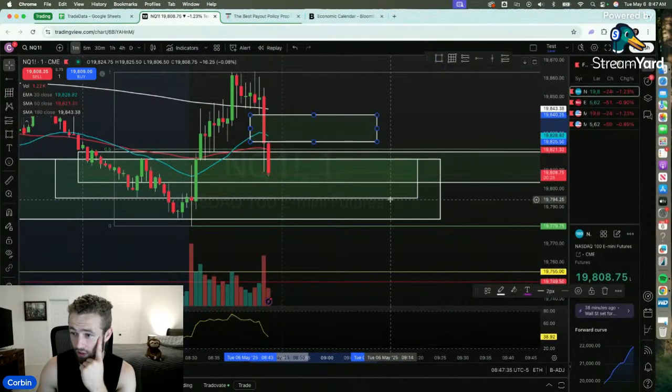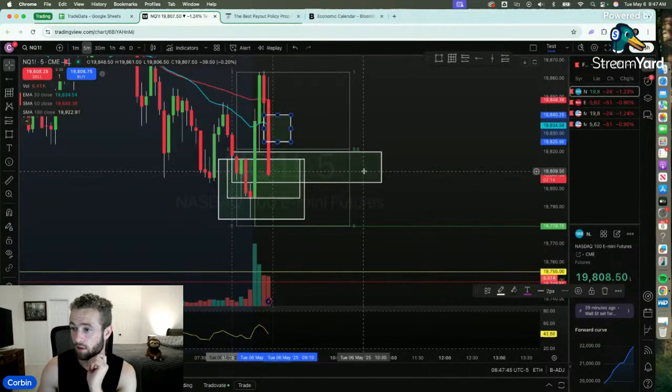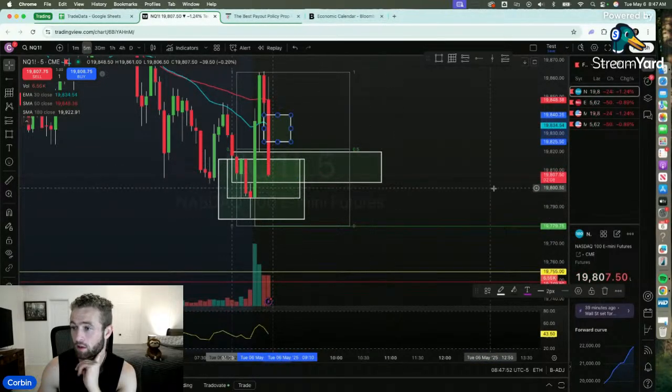I would really, really like to take longs on this, because right now we're testing that 5-day, 5-minute fair value gap, order block, breaker block, but I'm not trading yet.